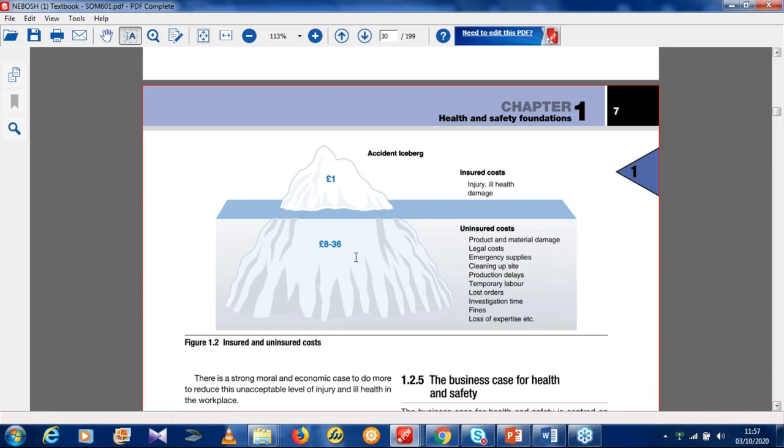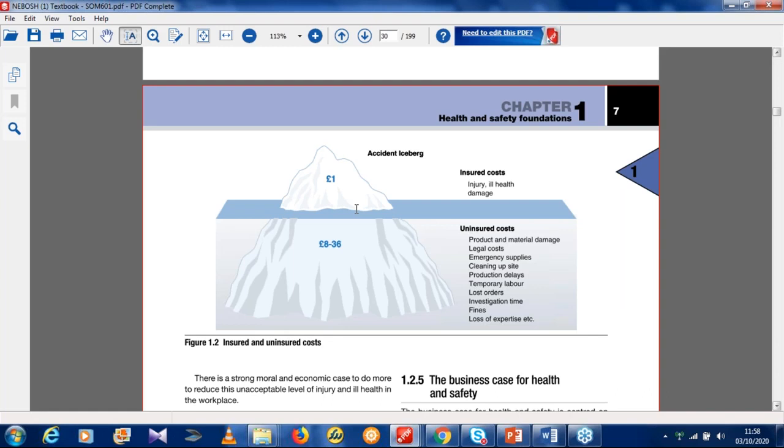When you're in the sea and you see an iceberg, what you are seeing above the water is a fraction of what is beneath the water, like what you can see right now. An iceberg is like a mountain that has come up from the base of the ocean and out of the water surface. So it's just a tip.